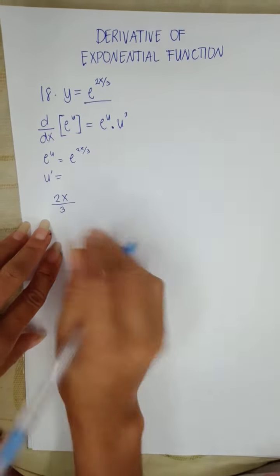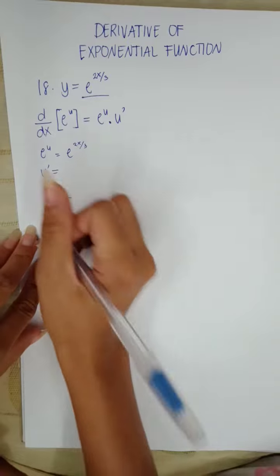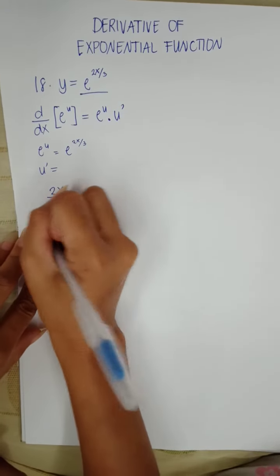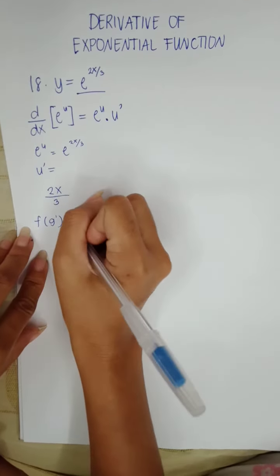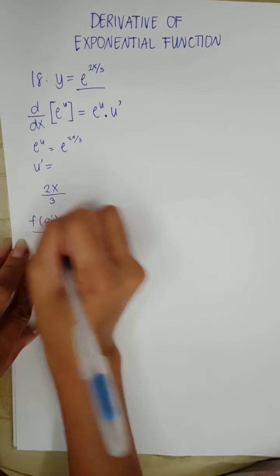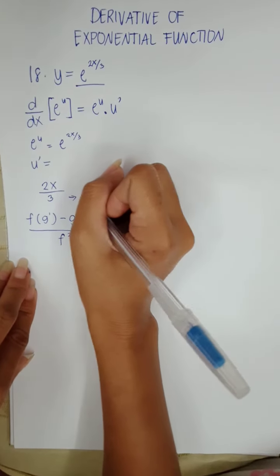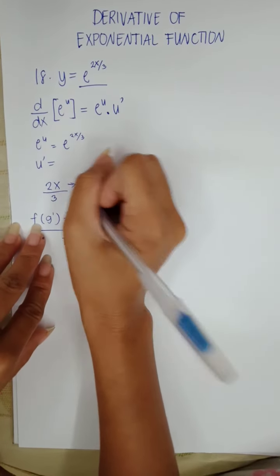over 3. And to find the derivative of this, we're going to use the quotient rule, which is f times g prime minus g times f prime over f squared. This is going to be our f, and this is going to be our g.